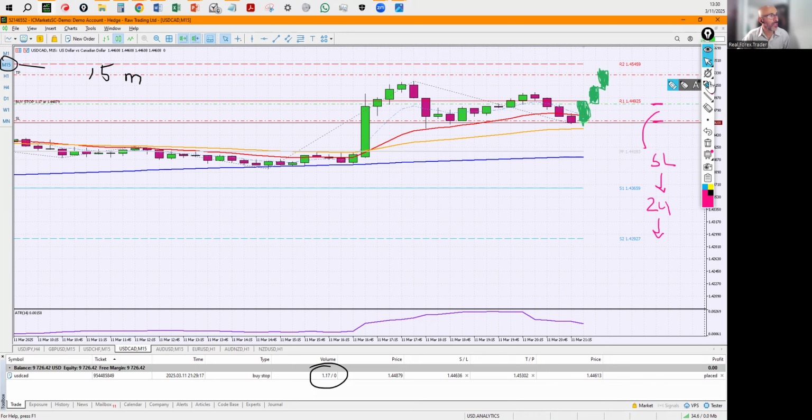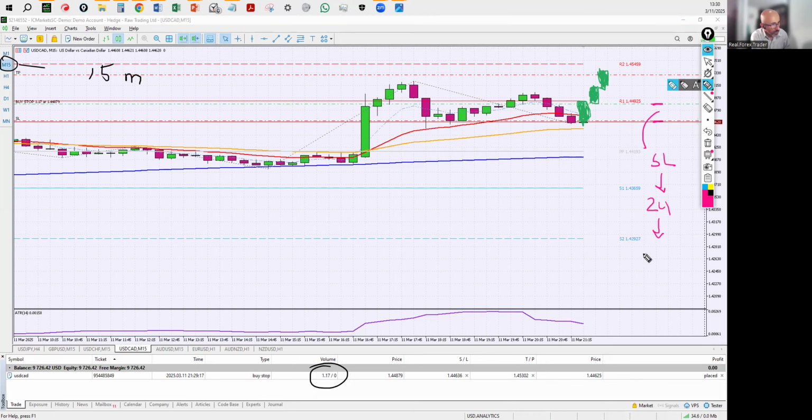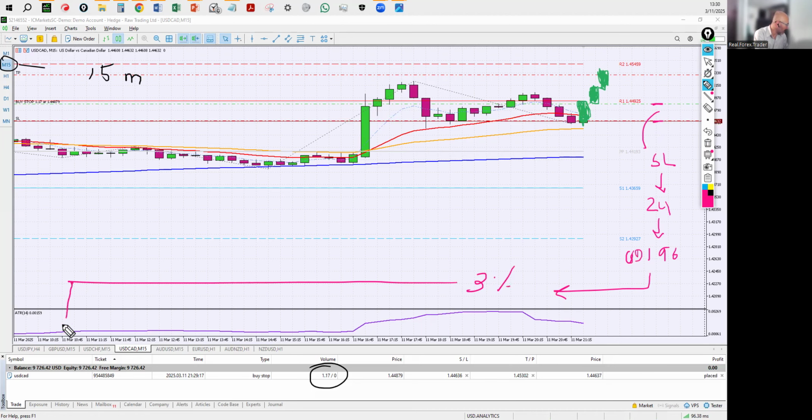So I would be losing $196. And remember, those $196 are 3% of my total capital of 9,726. So it's not a problem. Remember, in trading, we always are exposed to lose.